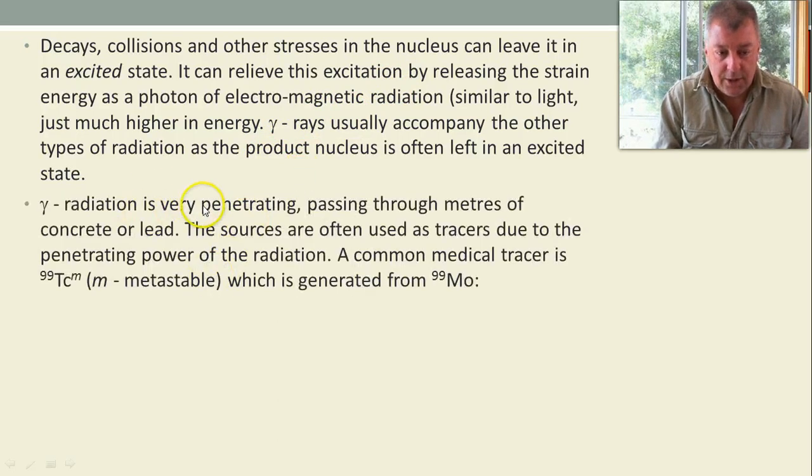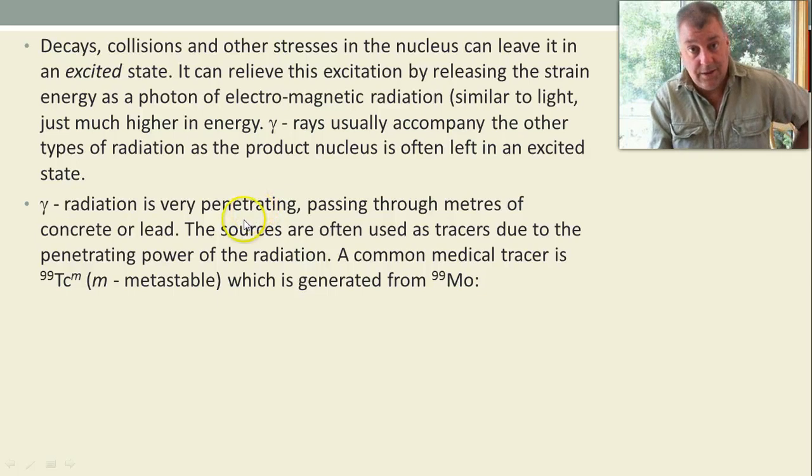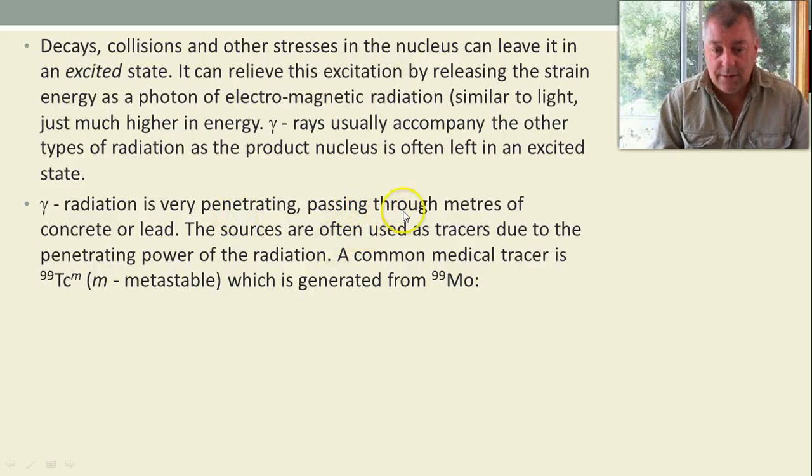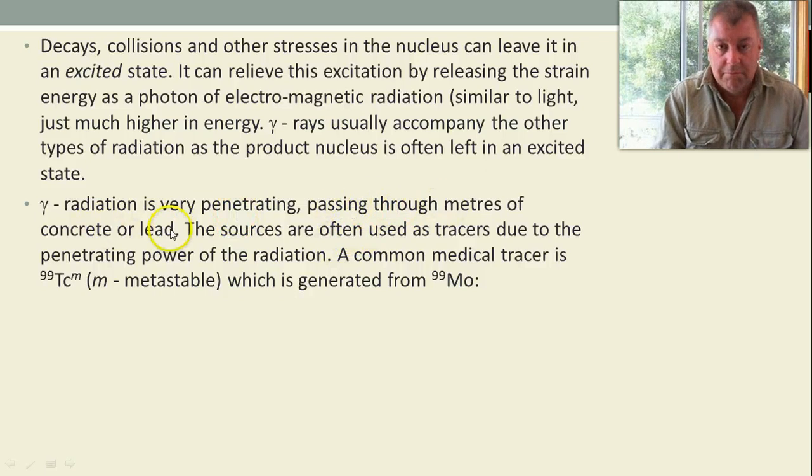Now, gamma radiation is very penetrating because it has no charge, and it is basically just a little bundle of electromagnetic radiation. So it passes through meters of concrete or lead. Doesn't stop it. So they're going through you right now without doing anything. So they're often used as what's called medical tracers, and that's where you would give something that gives off gamma rays to a person.